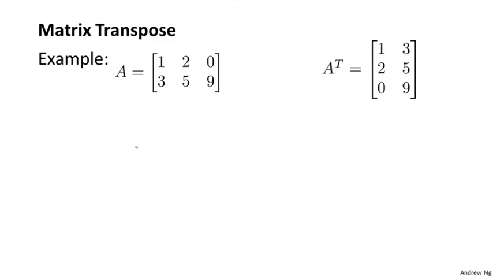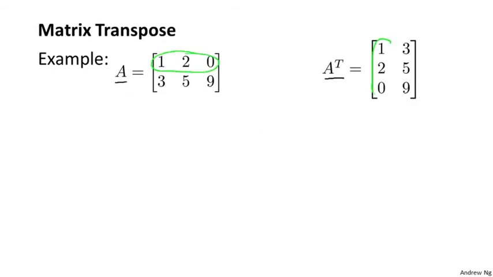Finally, the last special matrix operation I want to tell you about is the matrix transpose. So suppose I have a matrix A. If I compute the transpose of A, that's what I get here on the right. This is A transpose, which is written A superscript T. And the way you compute the transpose of a matrix is as follows. To get A transpose, I first take the first row of A, 1, 2, 0.